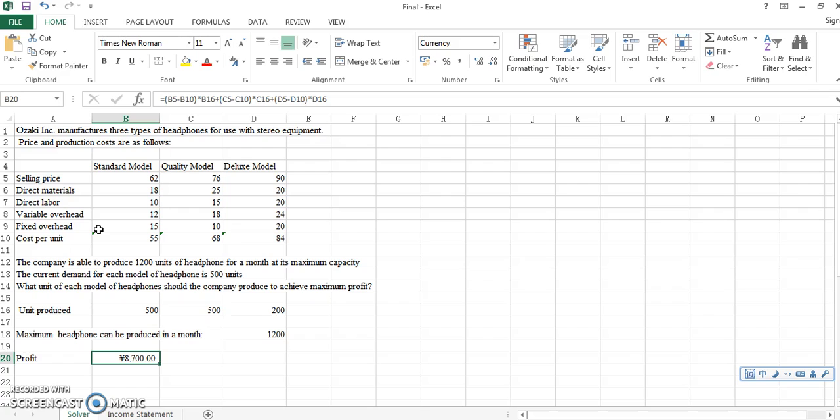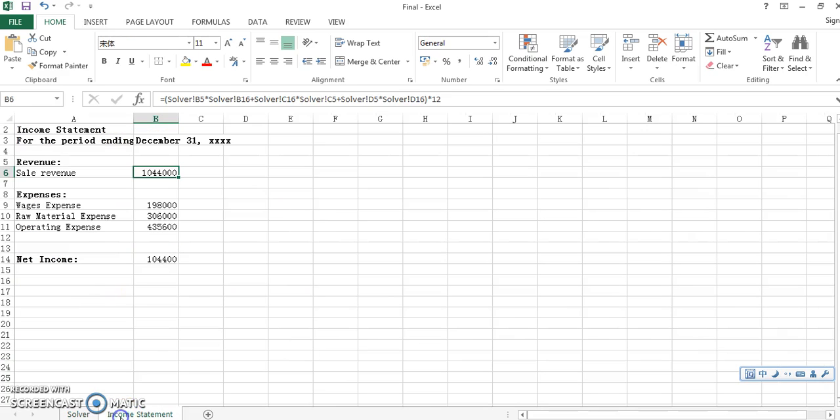We will incur these expenses regardless of whether the company is operating the machinery or not, so it's called fixed overhead. I add these two together and then multiply by the units produced and times 12. And net income is equal to the sales revenue minus all the expenses.